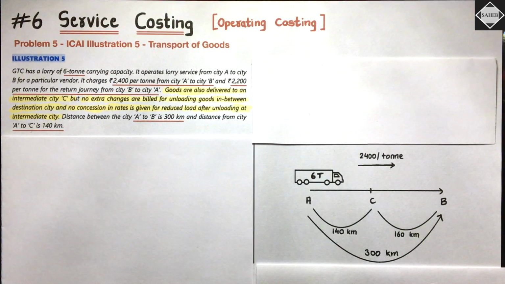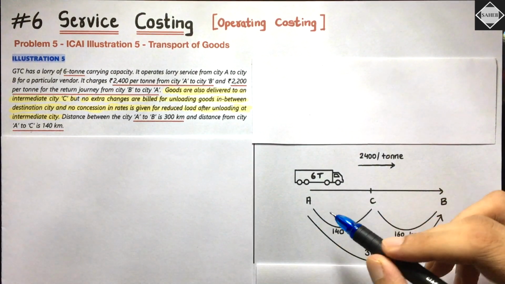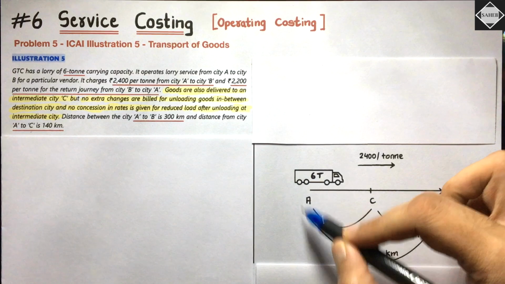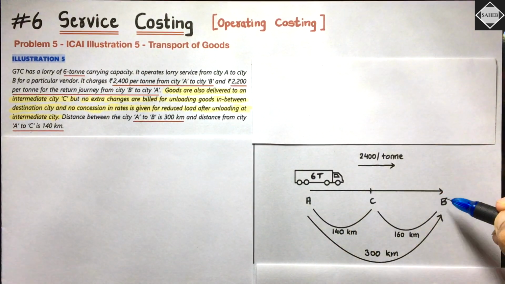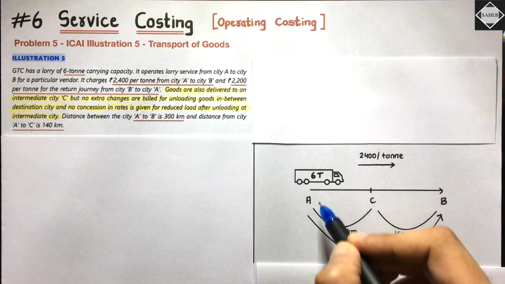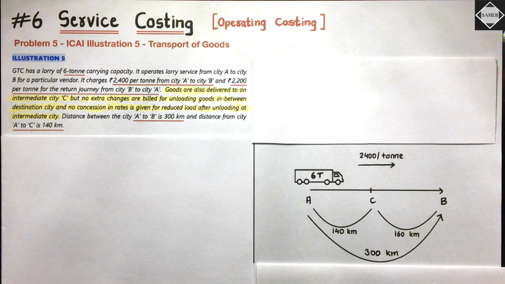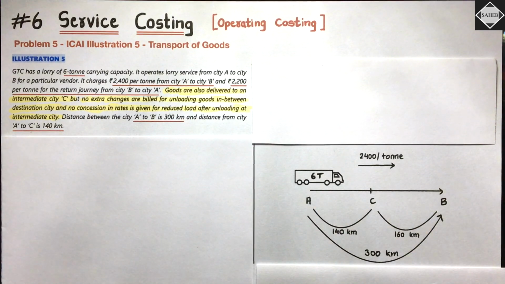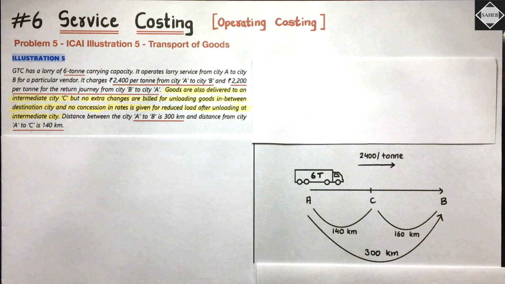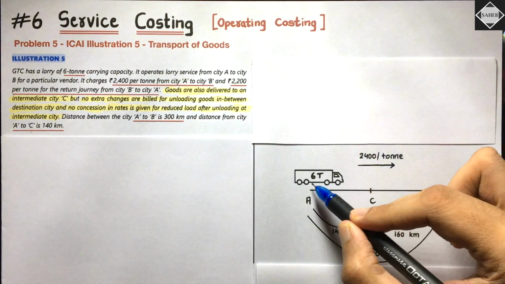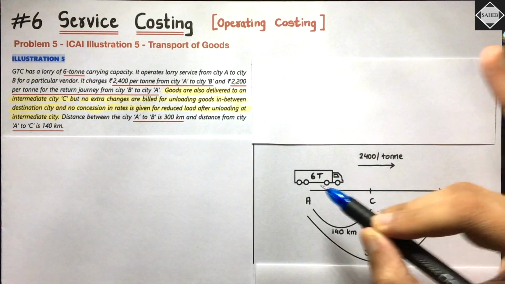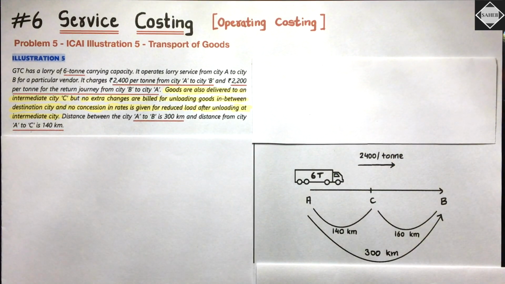And then the price also. If we are loading goods at city A to go to city C or to city B, it doesn't matter. Let's say we load 6 tons only, then it doesn't matter whether we are unloading at city C or not. Because of that highlighted sentence, we'll simply do 6 tons into 2,400. This is our charge.